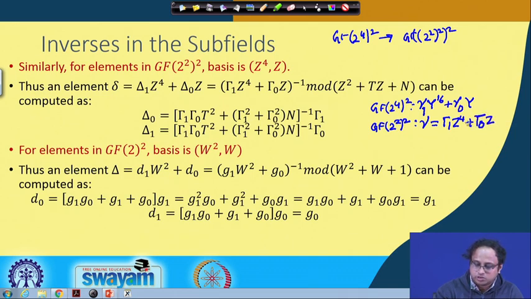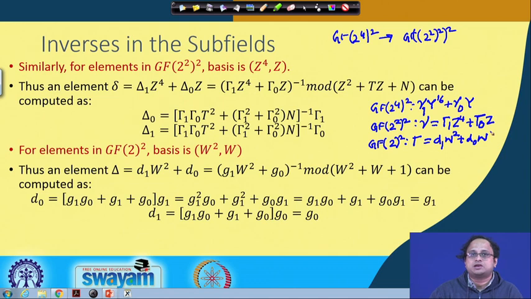This is the decomposition that I am doing, and likewise when I am writing these as GF 2 whole power of 2, I take one of these capital gammas and write it as d1 w squared plus d0 w. So these are my corresponding field elements, and I have to do this operation with respect to the corresponding irreducible polynomials.